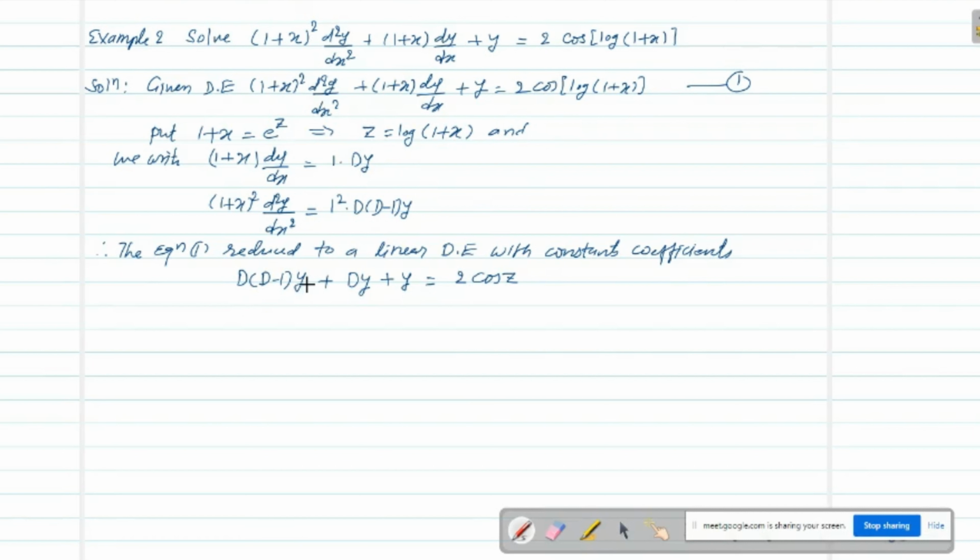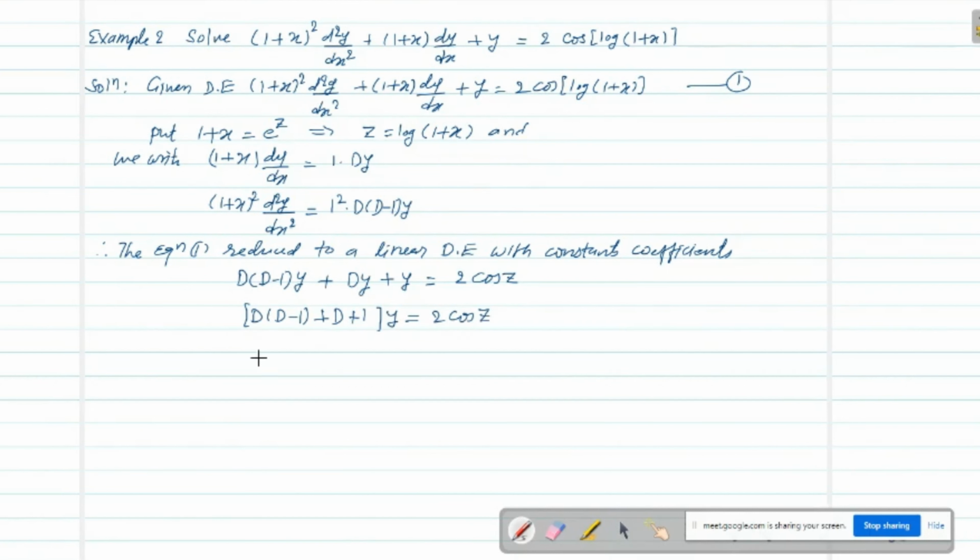Now we see y is common in each term, so take y as common. So we have (d minus 1) plus d and plus 1, and this equals 2 times cos z. Just simplify, multiply inside: d multiplied inside the bracket becomes d square minus d plus d plus 1, into y, equal to 2 times cos z.